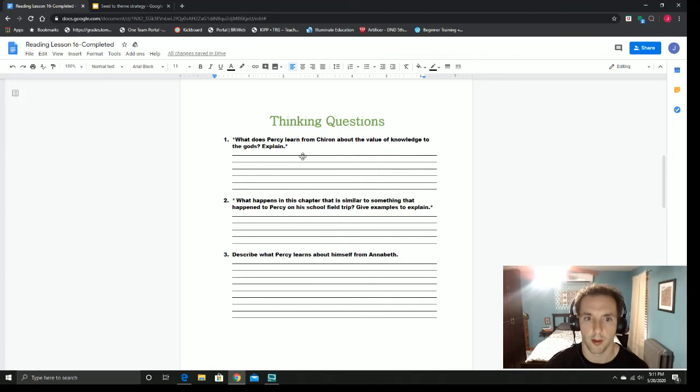All right, so first, what does Percy learn from Chiron about the value of knowledge to the gods? Explain. Throughout this chapter, Percy has a conversation with Chiron about a couple different things. The question is worded a little strangely. When we say Percy learns from Chiron about the value of knowledge to the gods, it's asking, what do the gods think about knowledge?